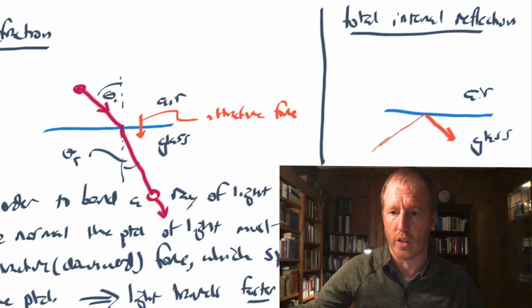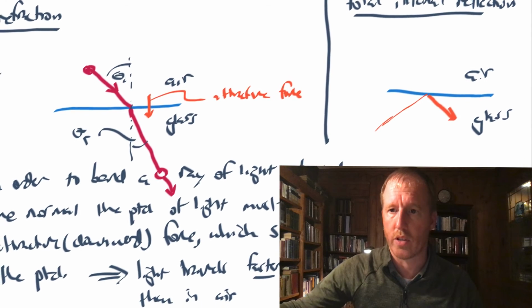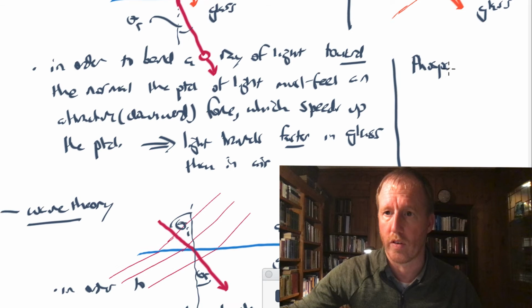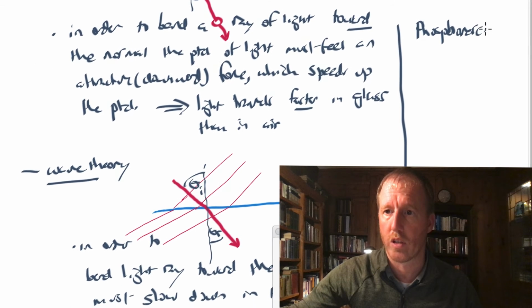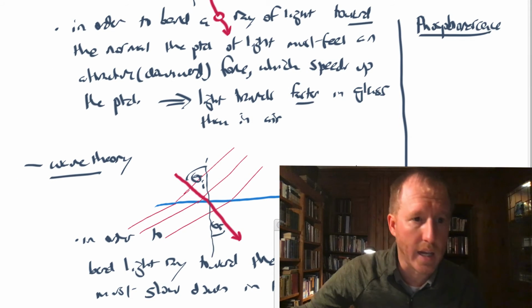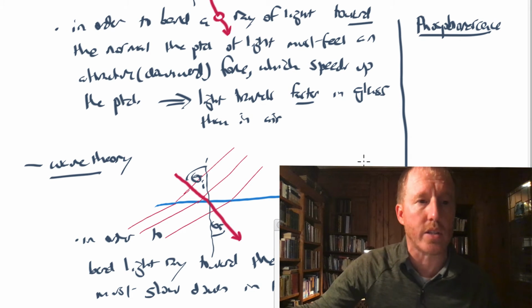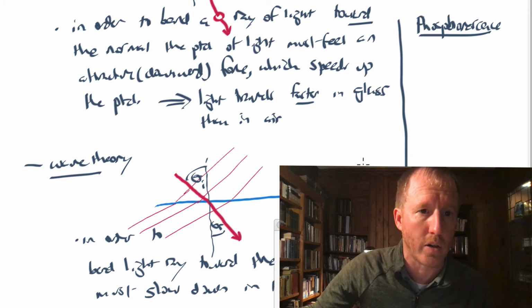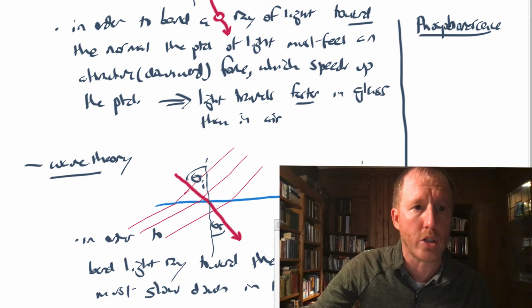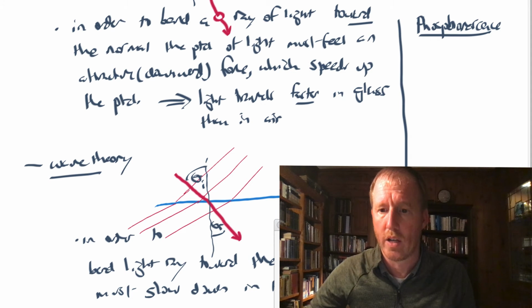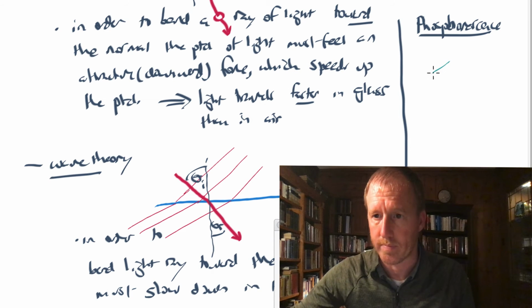The next thing that he talks about is a phenomenon called phosphorescence. This is on page 238, the second paragraph. He talks about chemical combustion and then phosphorescence. What is phosphorescence? Well, if you have something like a diamond, I think he mentions a diamond. I'll draw a little diamond here.